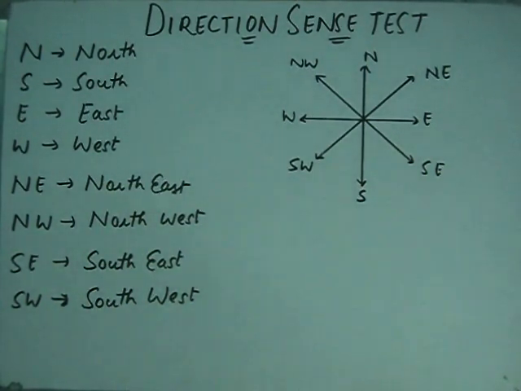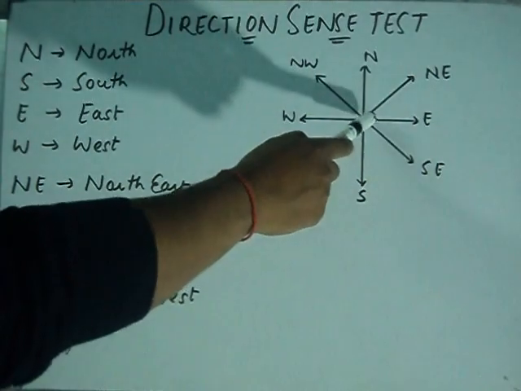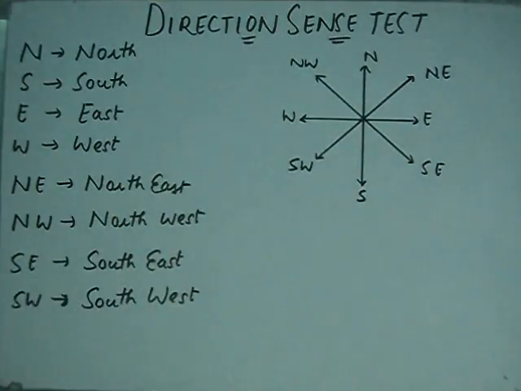Whenever a direction is given, like a man facing towards south or north and moving in east or west, what we have to do is imagine yourself at that point. Like if I am a man standing and facing towards south, imagine yourself at this point facing in this direction.